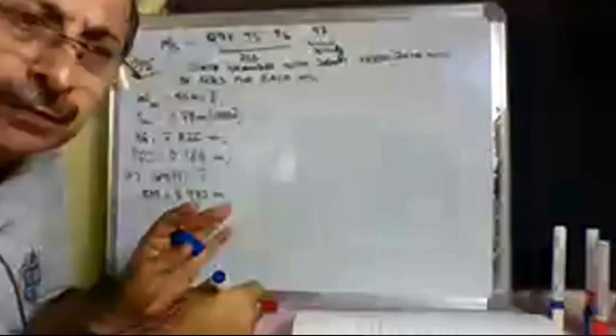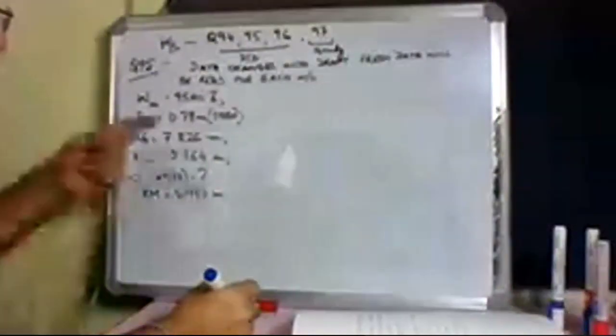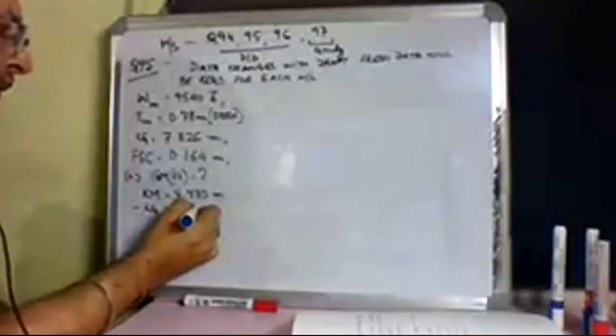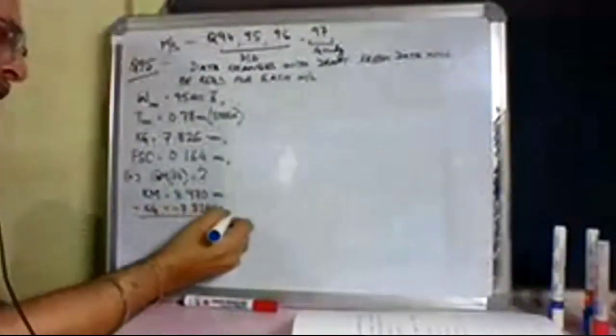The value is 8.9. You know how to take out KM, I hope, all of you. So KM is so much, KG, which remains constant, is so much. So minus KG, tell me GM solid.